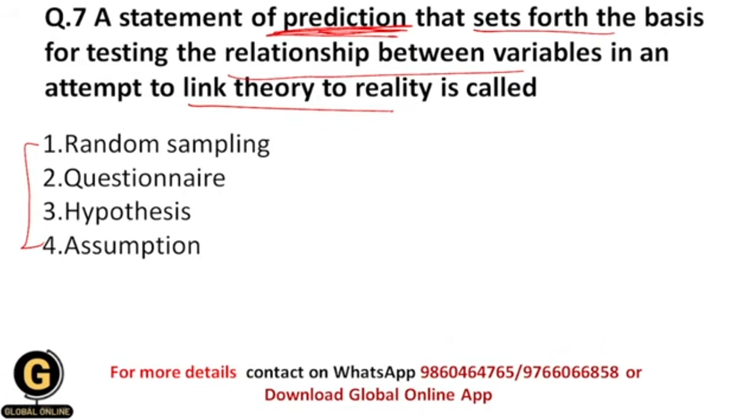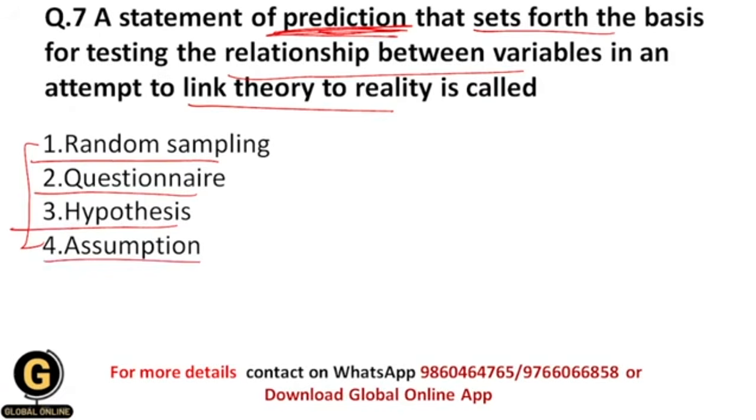We are going to test this statement of prediction because we need to understand the relationship of theory to reality. We are going to link theory to reality. So this kind of statement of prediction is called what? Whether it is random sampling, questionnaire, hypothesis, or assumption.